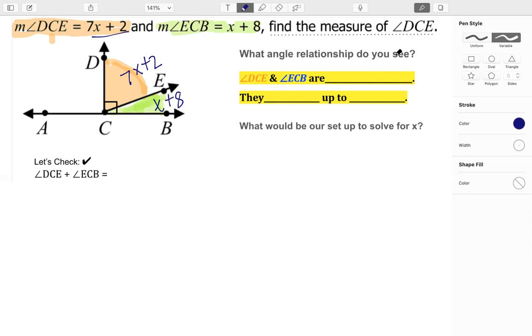When we are trying to figure out how to set it up, we need to look at the angle relationship that they gave us according to the diagram. The two angles, the one in orange and the one in green, are complementary.